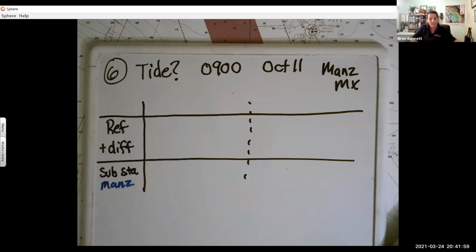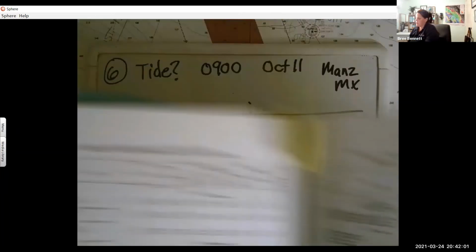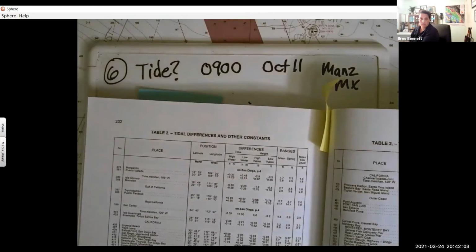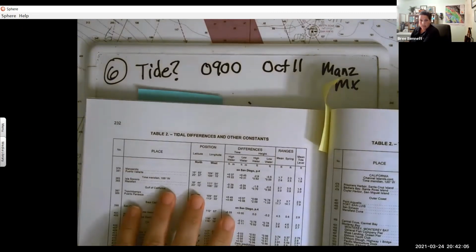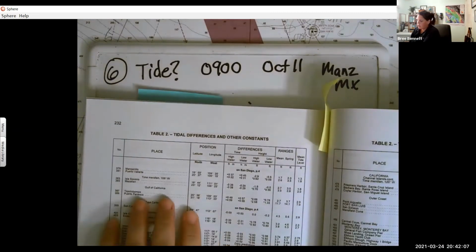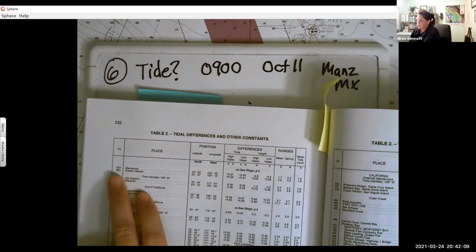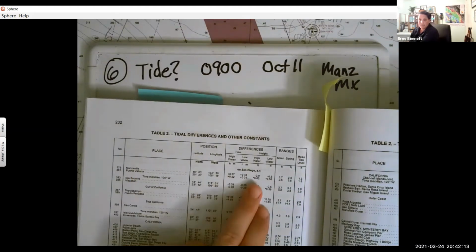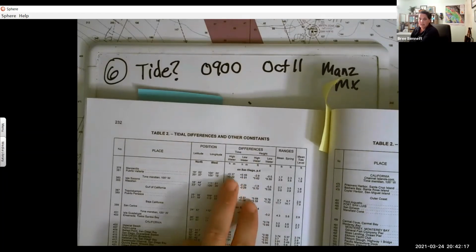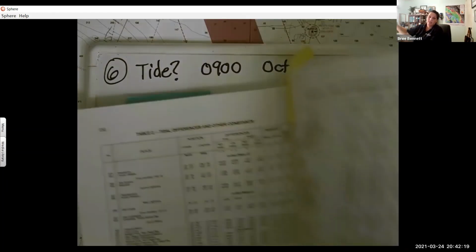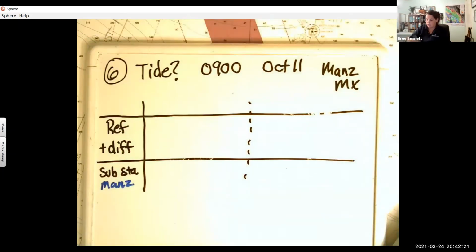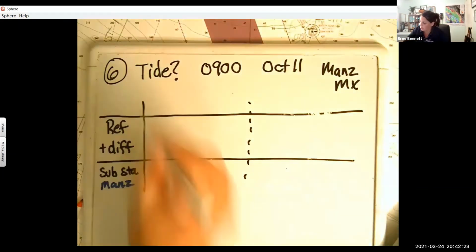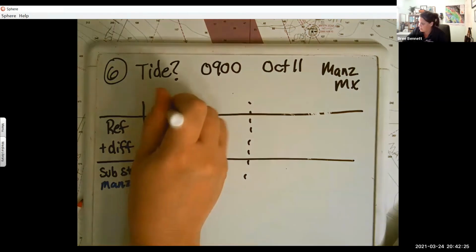Okay, so if we find our subordinate station, table 2, it's our first one here, where we have some of our differences. So I'm just going to copy down these differences right onto my table.